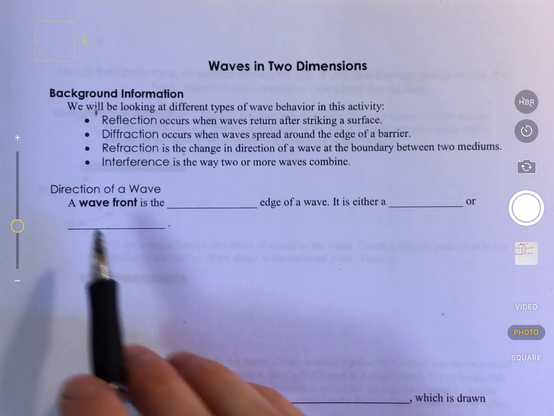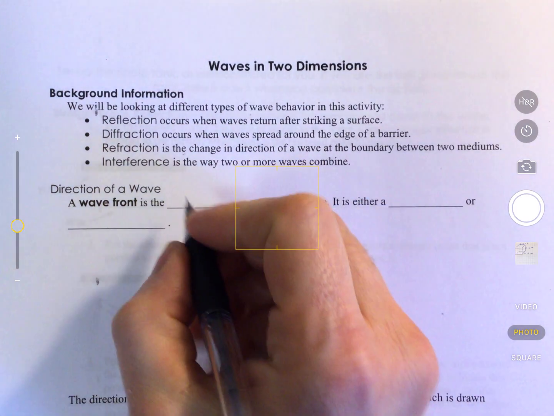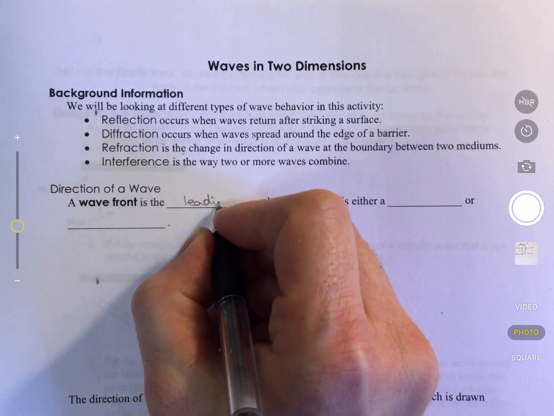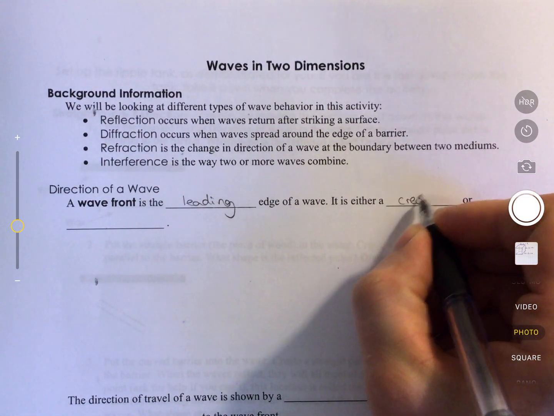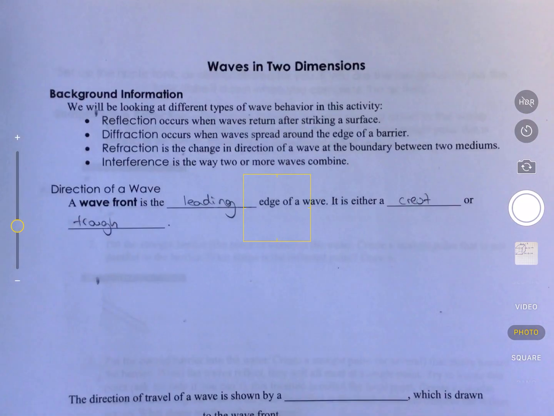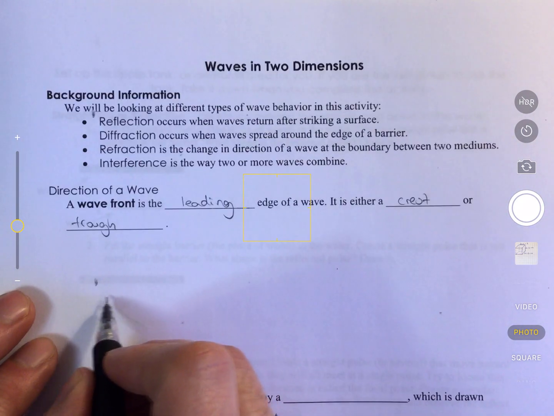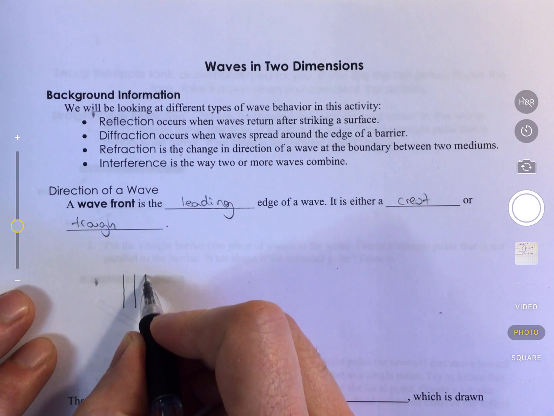So the direction of a wave is drawn with a wavefront being the leading edge of the wave, and it is either a crest or a trough, as I mentioned before, and it looks kind of like this. So here are the wave fronts.